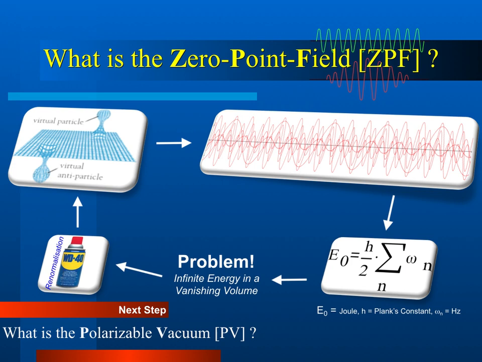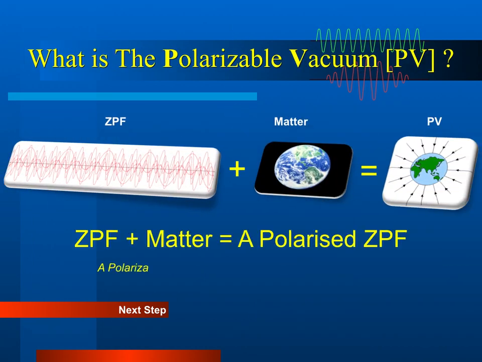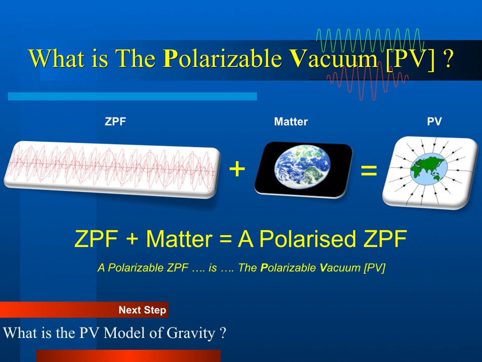So, the obvious question now is, what is the polarizable vacuum? To fix the infinite energy and the vanishing volume problem properly, we need to understand the effect of the presence of matter upon the zero-point field.